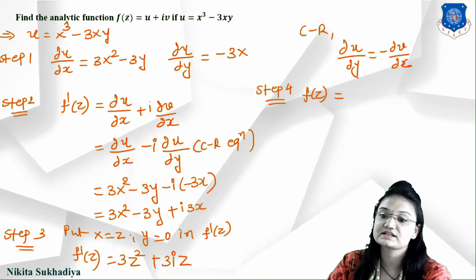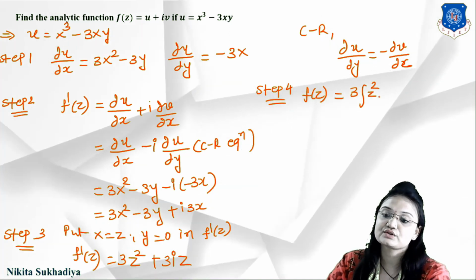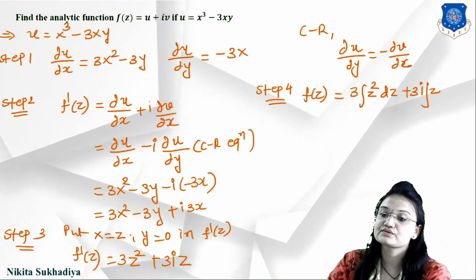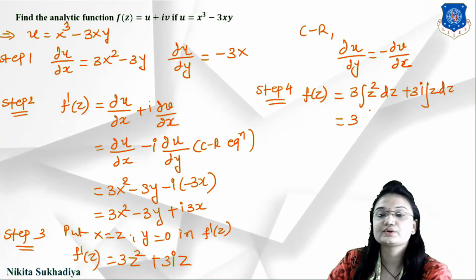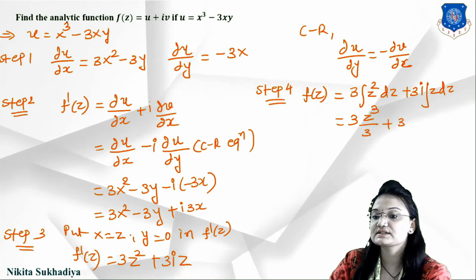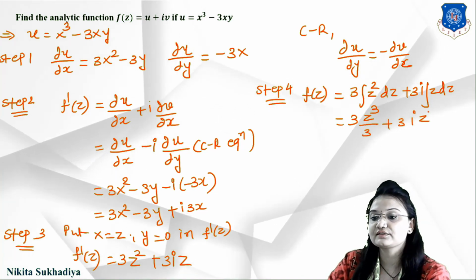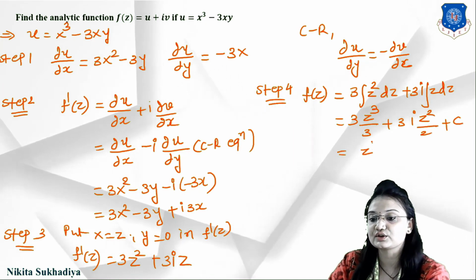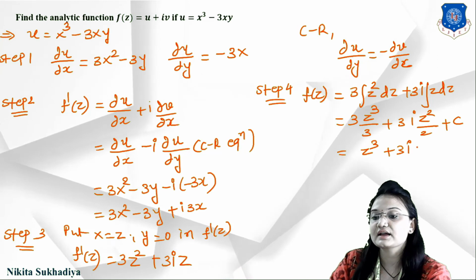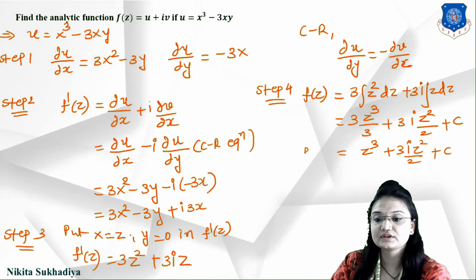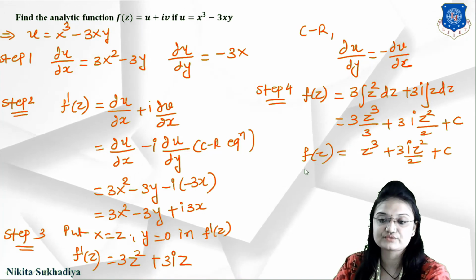So f of z is 3 integration of z square dz plus 3i integration of z dz. Integration of z square becomes z cube by 3, plus 3i times integration of z, which becomes z square by 2, plus c. So our final answer is z cube plus 3i z square by 2 plus c. This one is our function f of z.